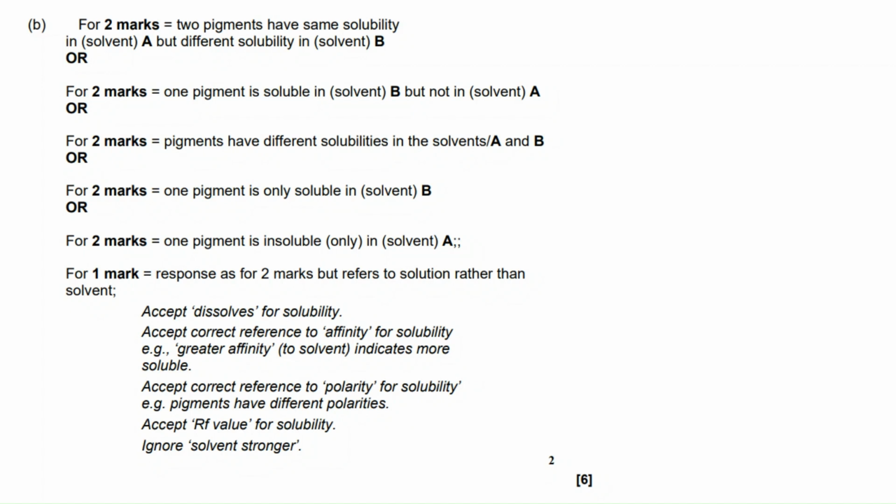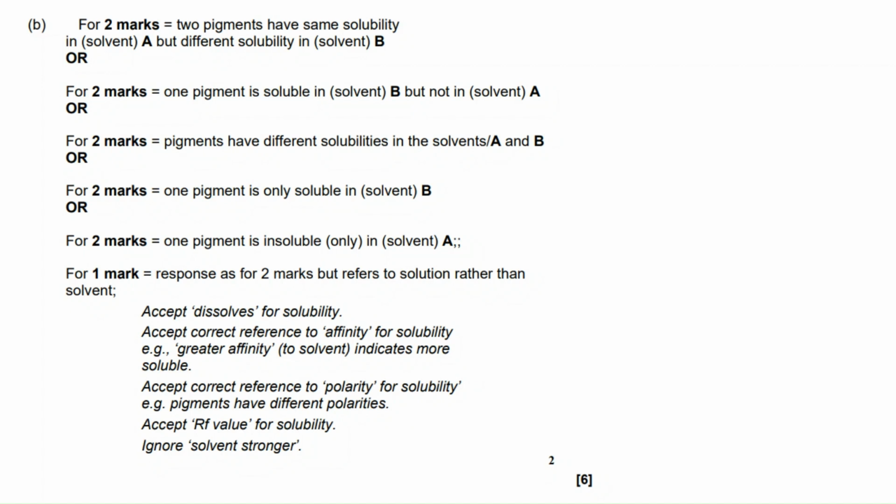Then there's this point that you can only get 1 mark for. You can say all those things, but say solution rather than solvent. That's not technically right, so you'd only get 1 mark for that. Then the other points: they accept dissolves for solubility, because that's technically true, but it's not very scientific.